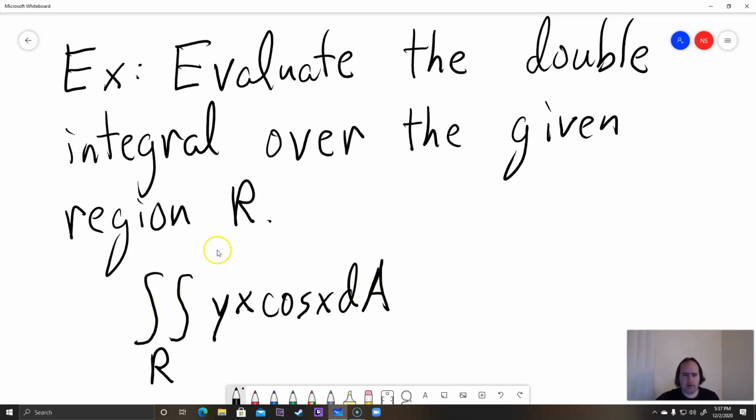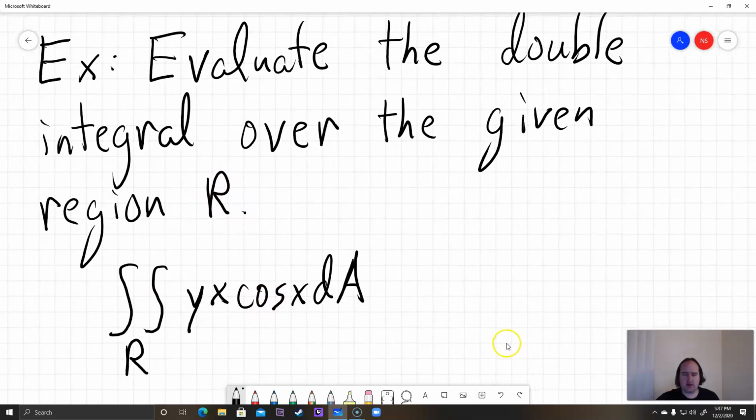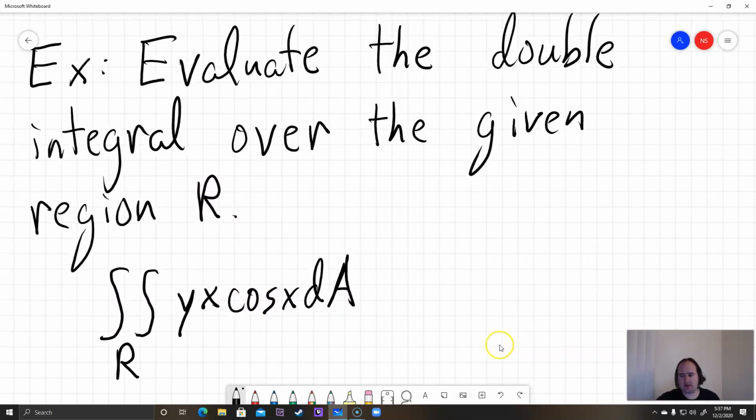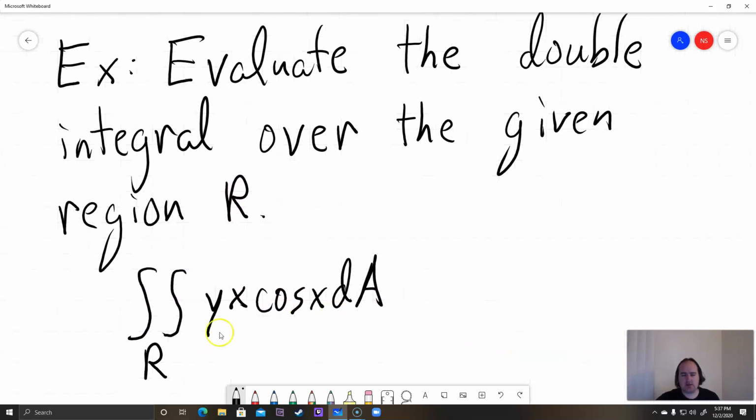Okay, but the region they give us here, because of the title of the section is rectangles, is actually going to be a rectangle. So it won't actually be that hard. So here they're telling us that our region R is made up of two parts. First of all, we've got -5 is less than or equal to y is less than or equal to 5.